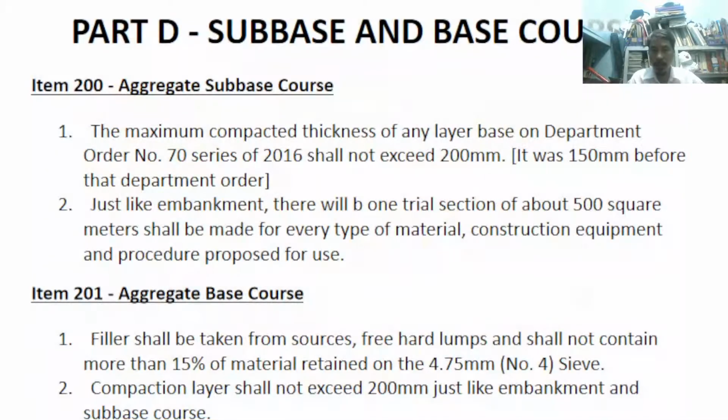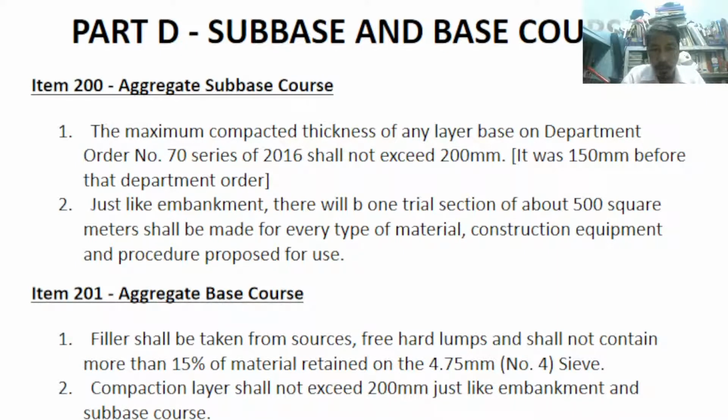Return back to the document. Therefore, item 200, aggregate sub-base course. How do we proceed and describe? Number 1, the maximum compacted thickness of any layer, based on Department Order number 70, year 2016, shall not exceed 200 mm.